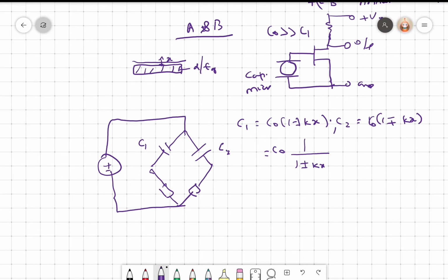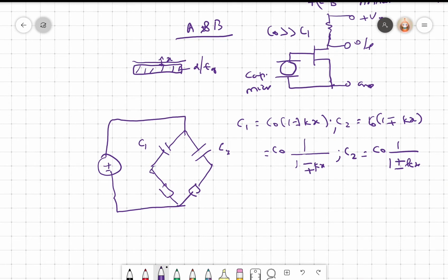I will put this as minus or plus Kx. C2 is equal to C naught into 1 by 1 plus or minus Kx. Again, this is wrong. Minus or plus Kx.